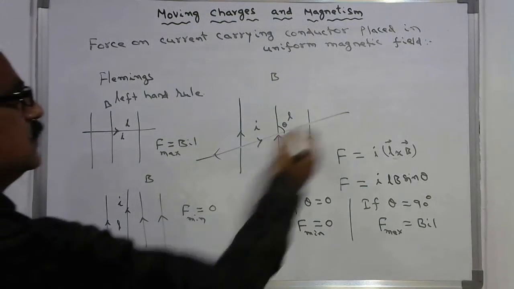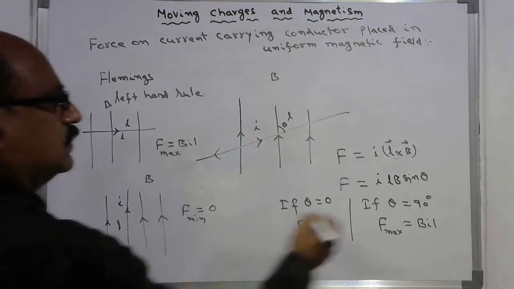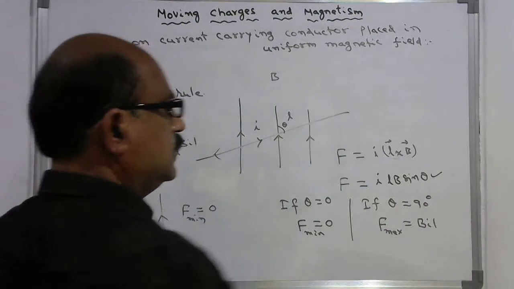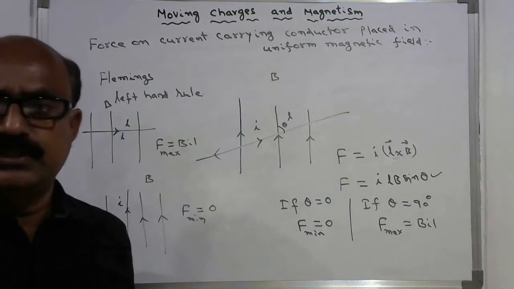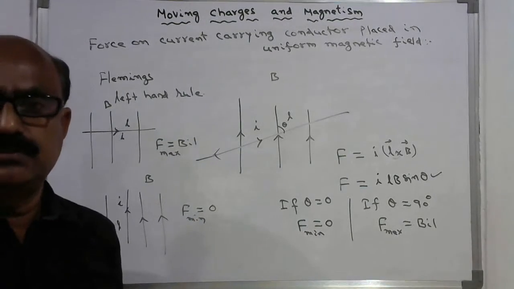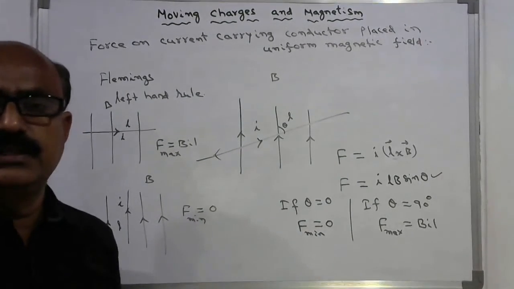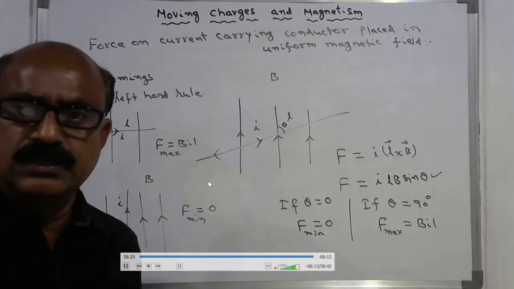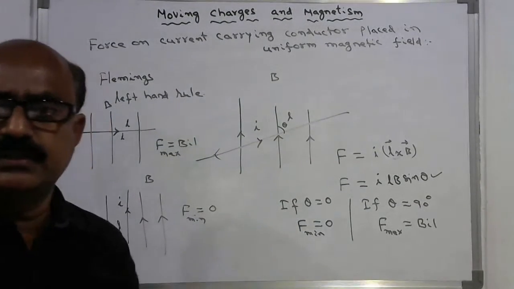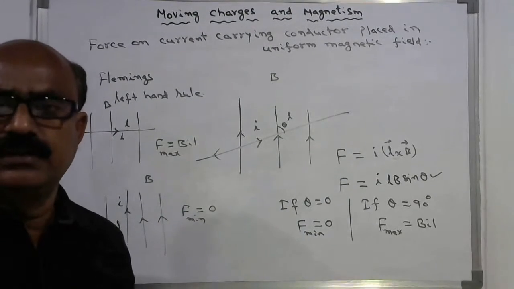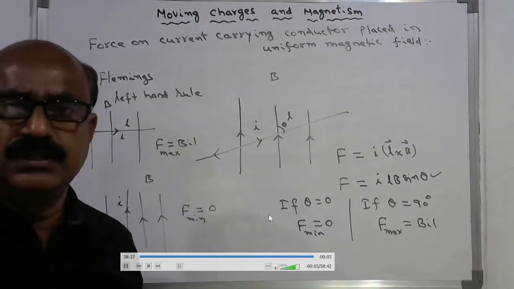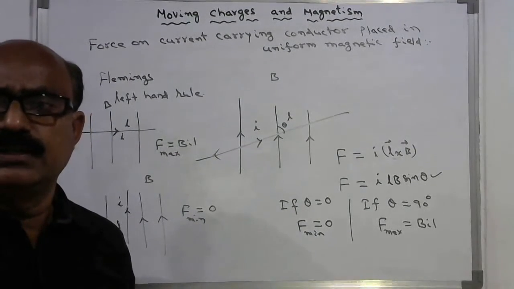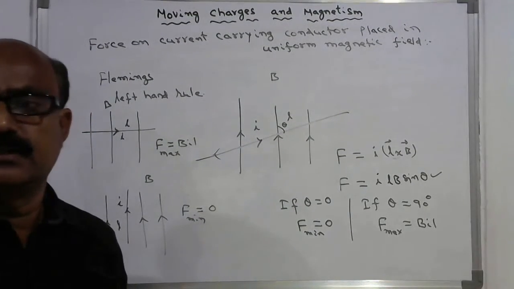If the conductor makes some angle theta, then the force will be I L B sine theta. So this is the cross product of the length of the current carrying conductor in the direction of current and the magnetic field. This is how we can determine the force on a current carrying conductor.